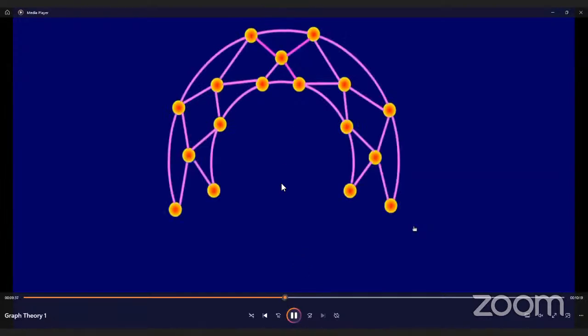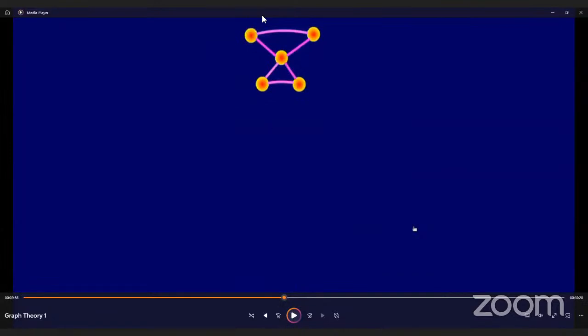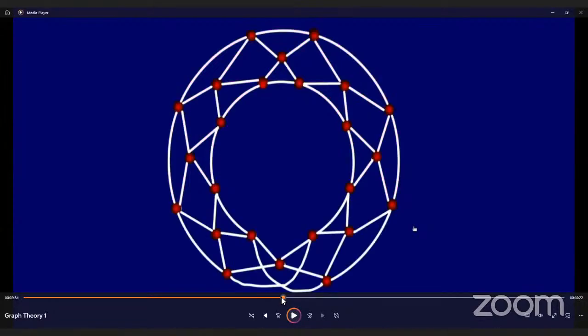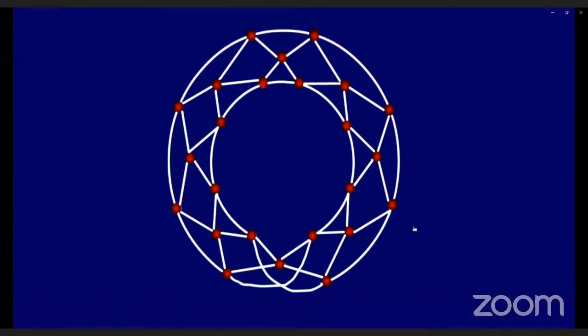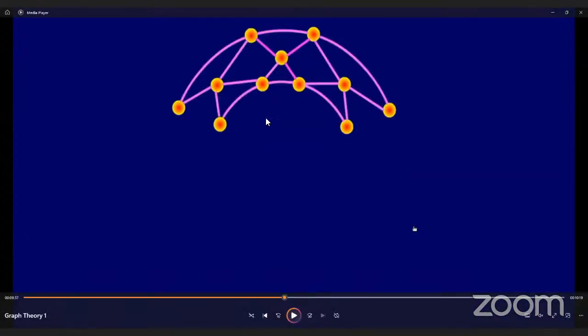So these are the pieces, and that's one piece, and the same piece you put again. Here we have 3 pieces, and we glue them together in a circular way.